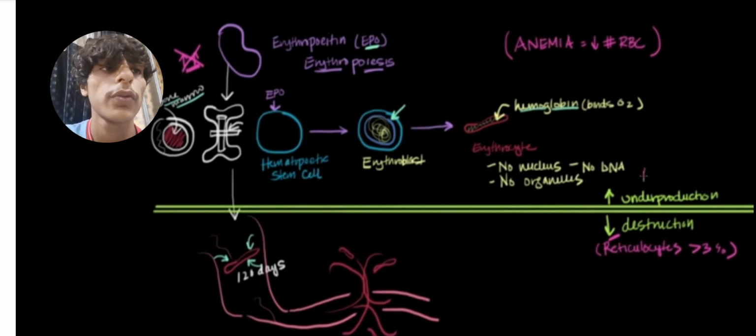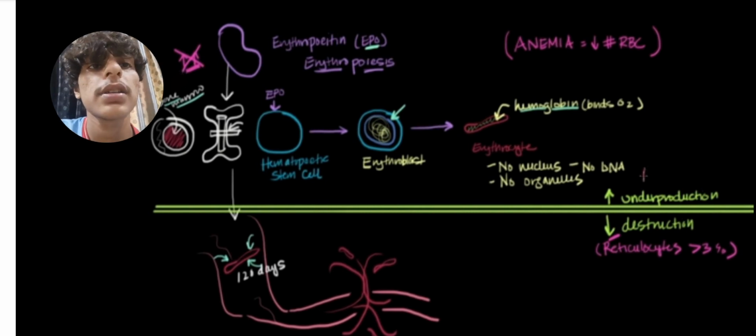If we see underproduction, what will happen? There would be insufficient RBC production. How will it occur? If your kidney is affected, there will be no secretion of erythropoietin. No secretion of erythropoietin, no instruction to the bone marrow, and there won't be any synthesis of RBC. This is the first reason for underproduction.